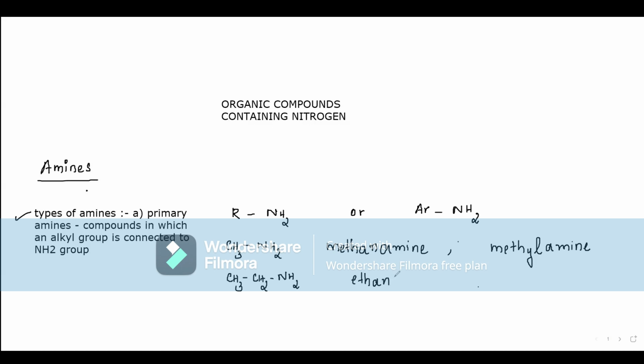An alone, not ane, just an. To represent NH2, amine. So, the name of the second example becomes ethanamine, or in common system, it is ethyl amine. Ethanamine or ethyl amine.